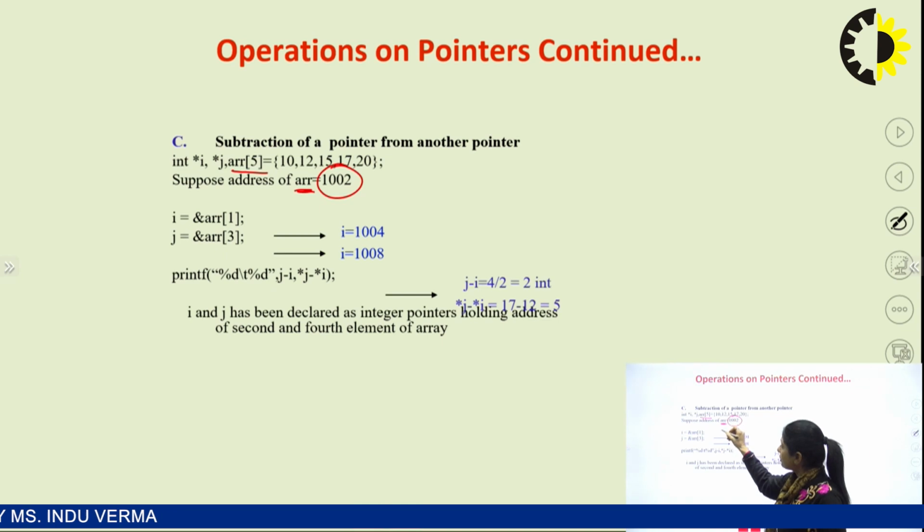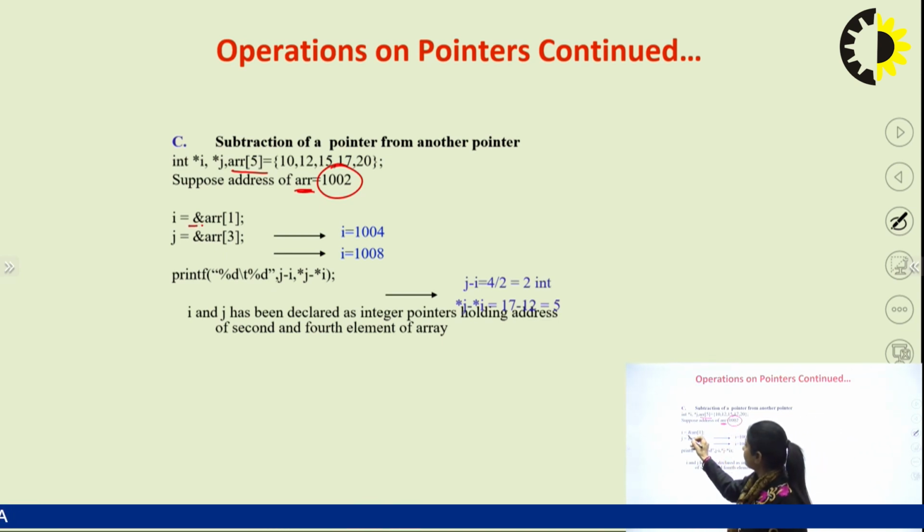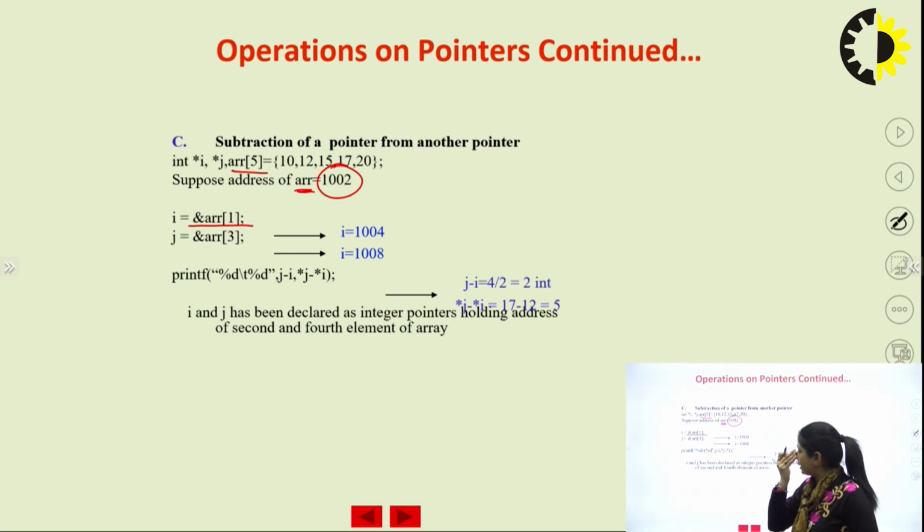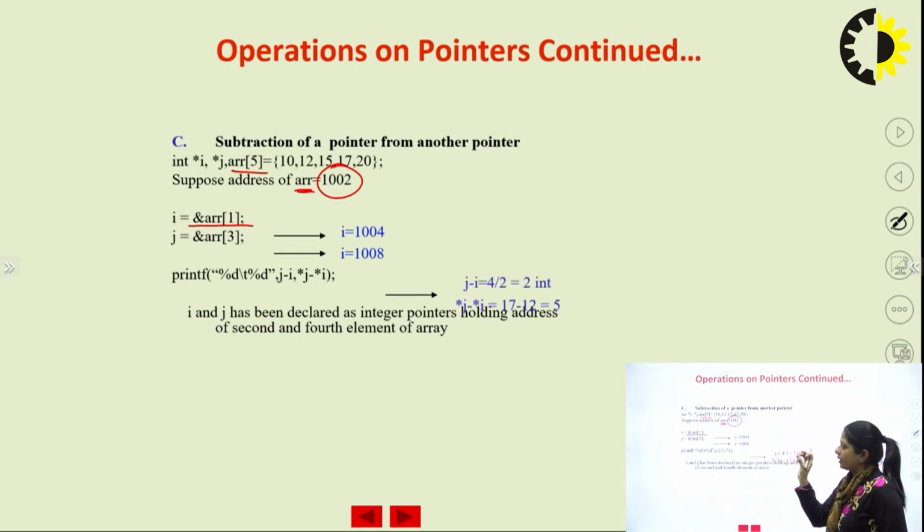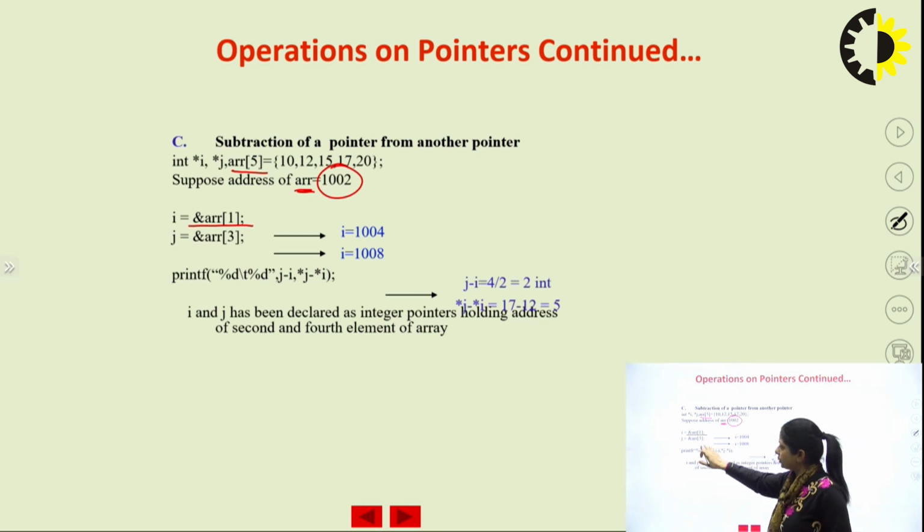So, if the base address of the array is 1002 and I have assigned the address of array 1 to I and the address of array 3 to j, it will be pointing like this. I is what?